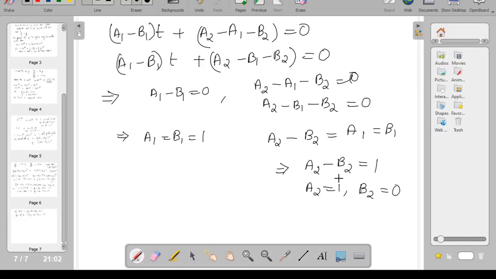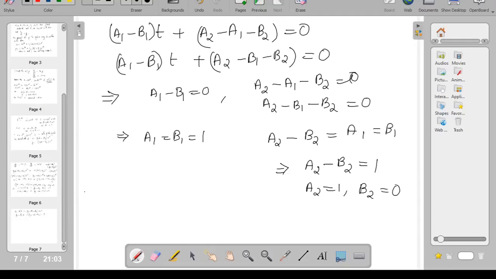There are many choices here: a2 and b2 I can take as 3 and 2, or 4 and 3. Accordingly there will be differences in our general solution. So a2 and b2 have many choices, and all the solutions for all those choices are correct. When we write the general solution we can write it in different ways, and all the functions we get accordingly will be solutions.